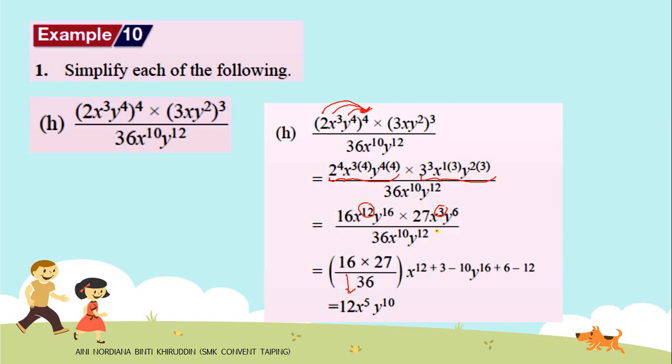This is division, so minus 10. So that's why 12 plus 3 minus 10 is equal to 5. For y, 16 plus 6 minus 12. So 16 plus 6 minus 12 is equal to 10. So this is the final answer.